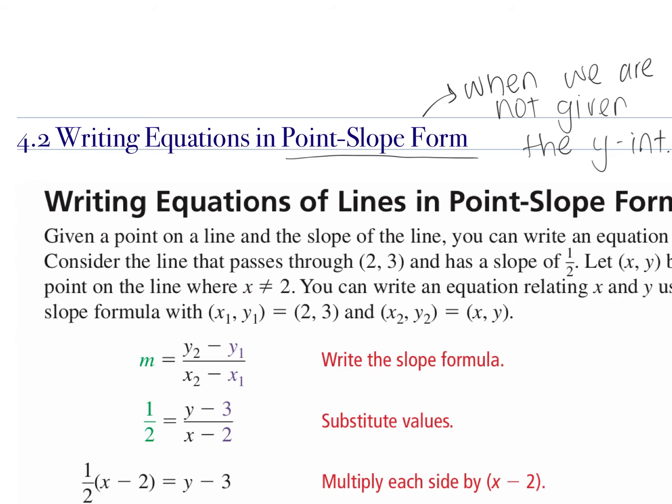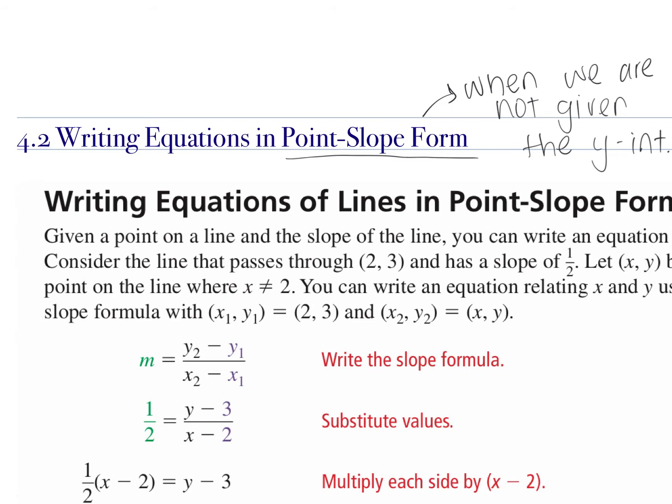Now, that means we are no longer using y equals mx plus b for these examples. Because what form was that? Slope intercept, okay? Notice the name. Point slope, slope intercept. So for point slope form, guys, we can use any point and the slope.